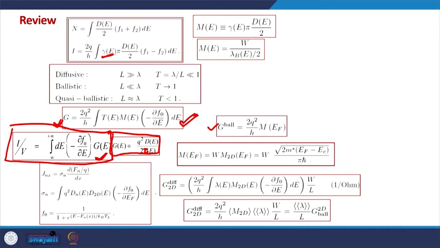For example, in this expression, if we remove lambda E, then this will be the ballistic conductance at room temperature. This is the room temperature situation. This is at T equal to 0 Kelvin.